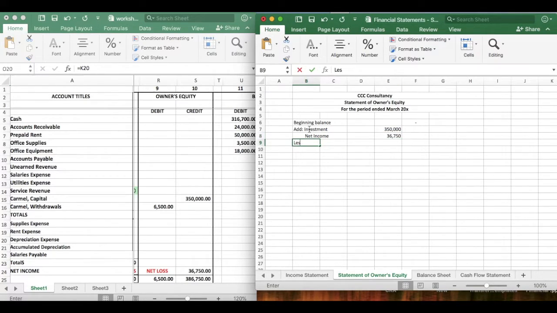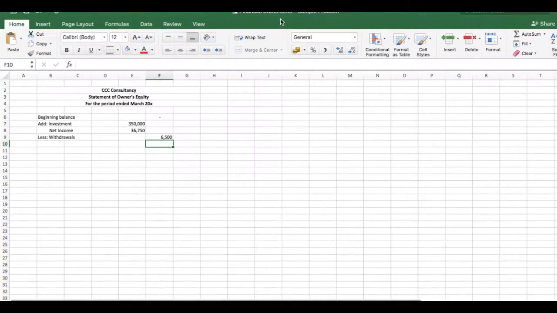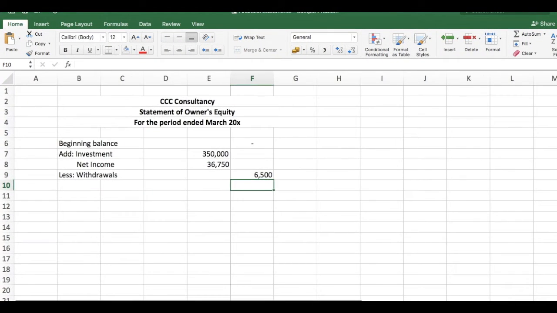Then we deduct, we only have one, right, for the less. So that would be less withdrawals, which is at 6,500. So what you can do is, okay, so that this would be a bit bigger and you could see it clearly.